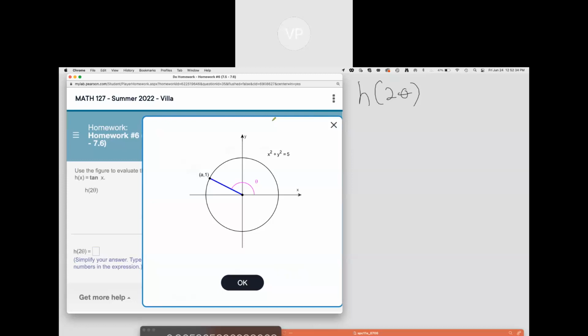So what they give us is this formula and this circle. It's not a unit circle, by the way. If it was a unit circle, it would have that equation. So it's a circle, still centered at 0, 0, but it's got a radius of 5. Okay, 5 is how far out we are.